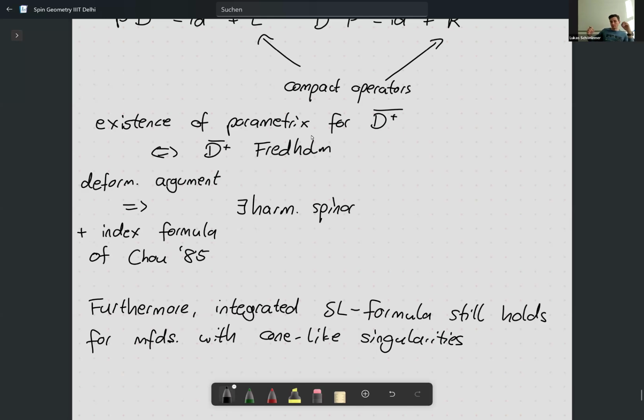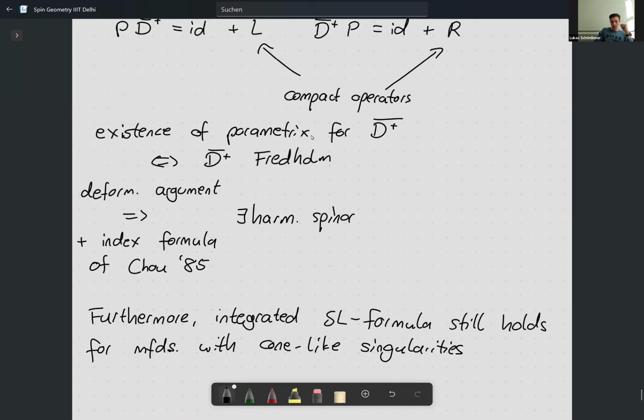So here we do some exhaustion. We take sections that are compactly supported, so supported away from the cone points, and then take a limit. And then it turns out that the integrated Schrödinger-Lichnerowicz formula still holds in this setting, with no additional terms.